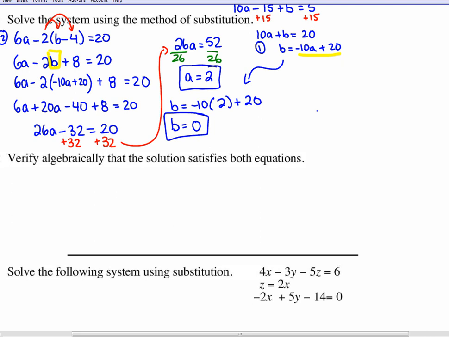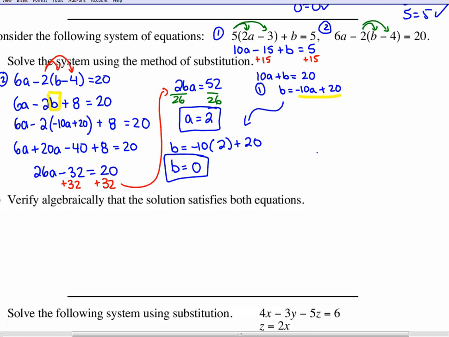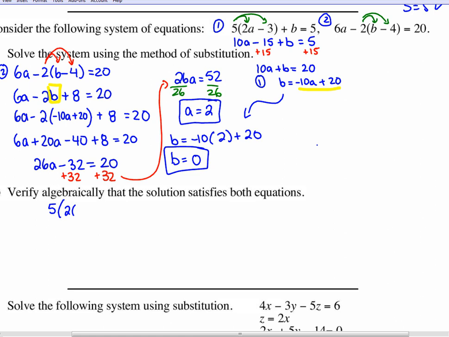Okay, and then if this was a test, I have to verify. Now, when I verify, what do you use? The original equations. So we have to go all the way back to 5 times 2 times. So I'm using these guys to verify. 2 times 2 minus 3 plus 0 has to equal 5.